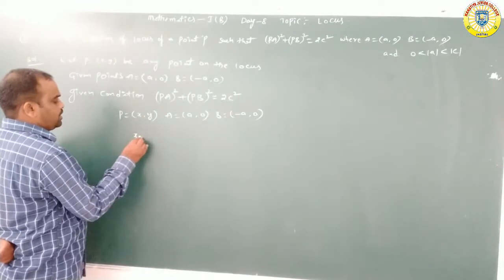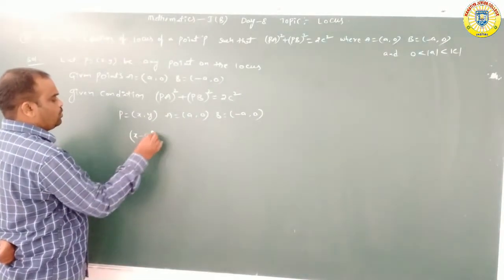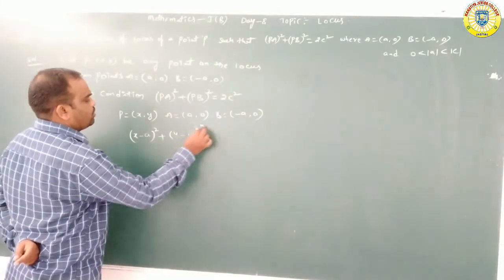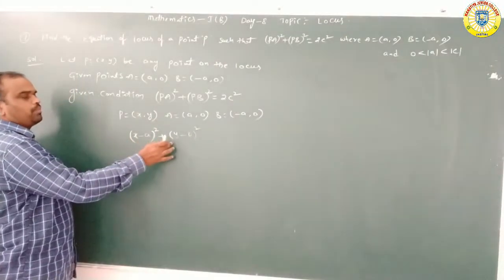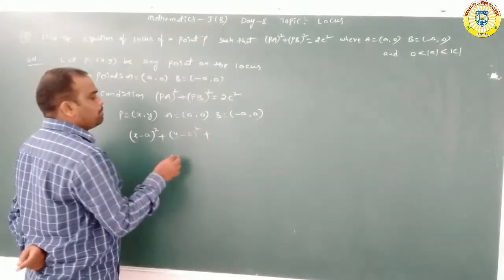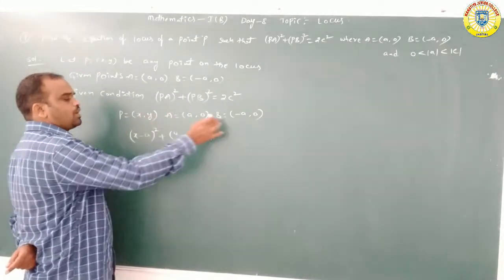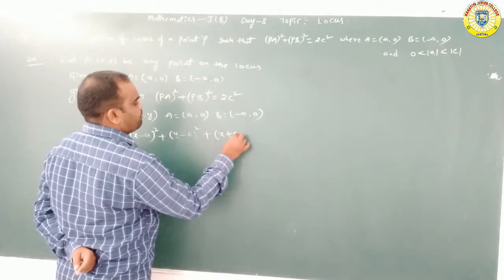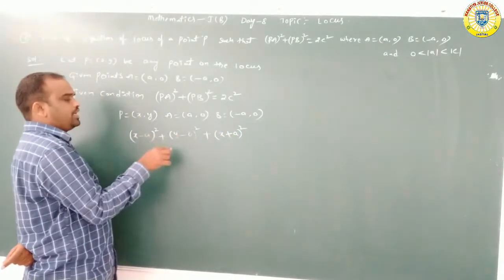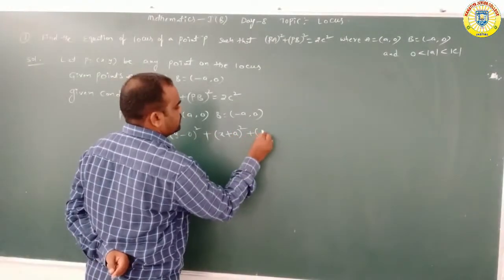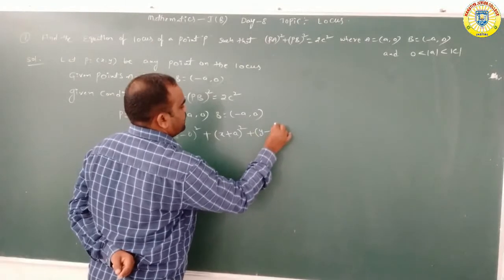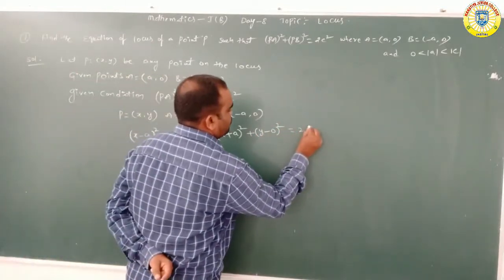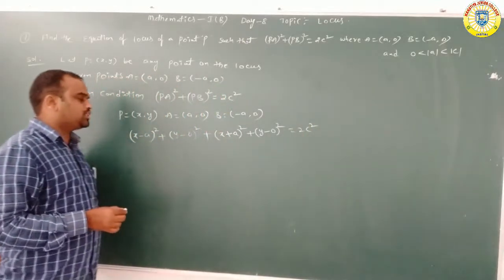PA square is (x minus a) whole square plus (y minus 0) whole square. Then PB square, with P equal (x, y) and B equal (minus a, 0): x minus of minus a, that is (x plus a) whole square plus (y minus 0) whole square. PA square plus PB square is equal to 2C square.